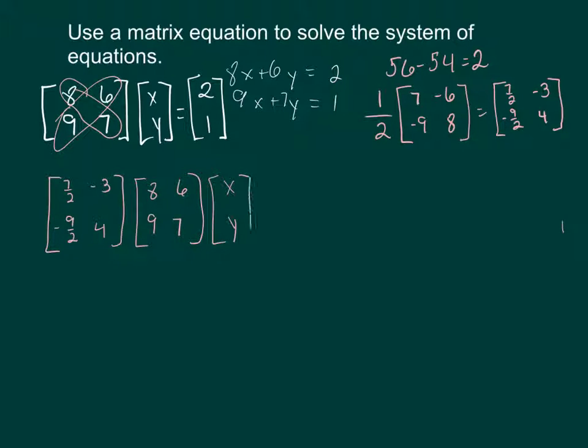And remember over here, we need to put the inverse first. So on the left, we know those are going to cancel and be 1, which will leave us with x, y.